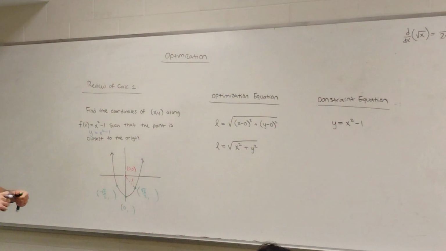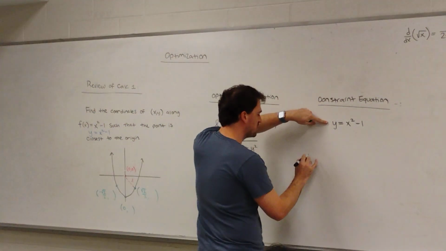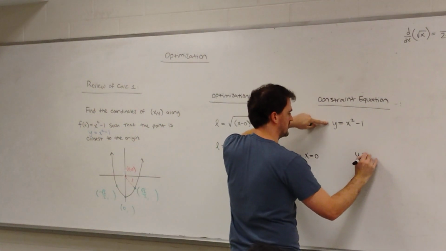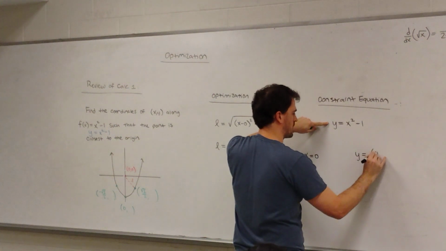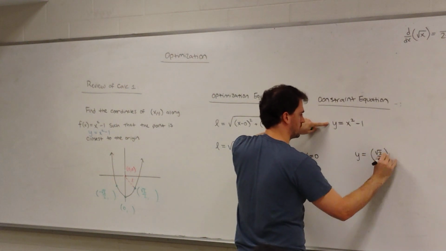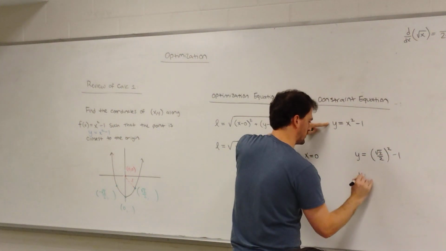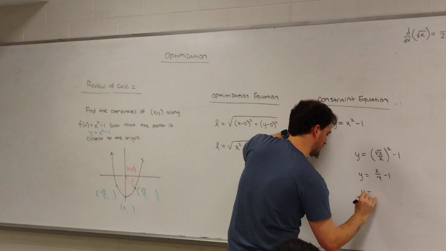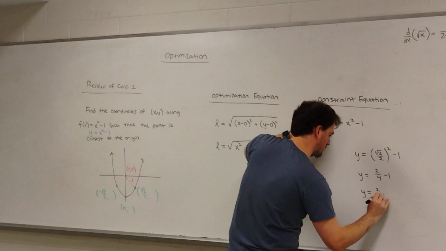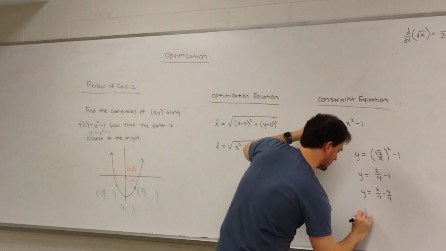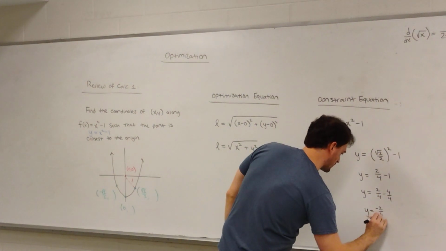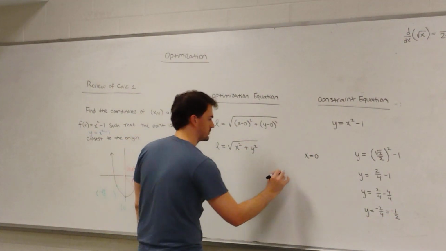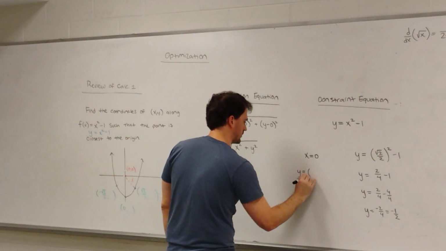To find the y coordinate, I can now plug it into this equation. Square. Just 2. Oh, shoot. Sorry. 1 half. 2 over 2. 1 half. Negative 1 half.